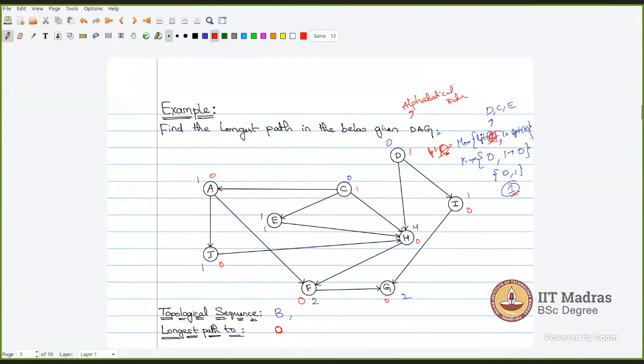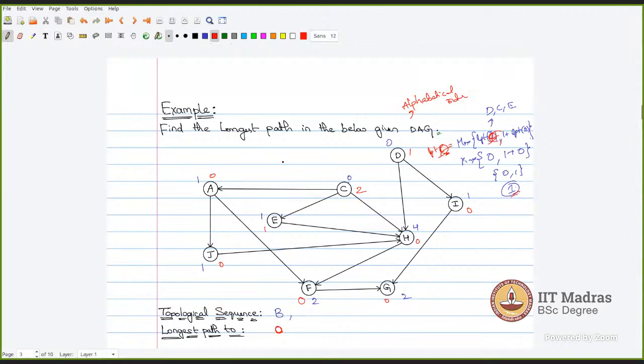Got the point? Can you please repeat it once again? Simply, initially if you have 2 here, let's suppose, and you remove one vertex along with its edges, the in-degrees of the adjacent vertices will decrease by 1, and the longest path to will either increase by 1 or remain the same.